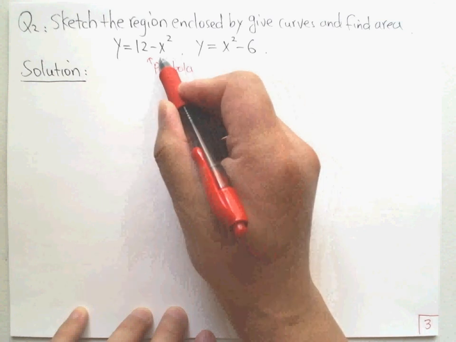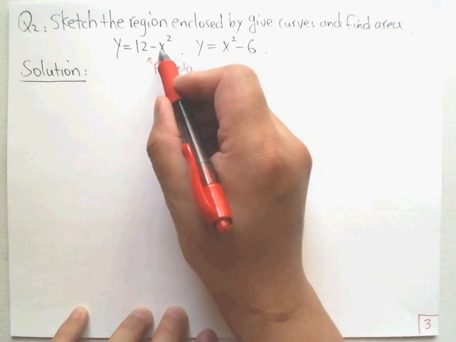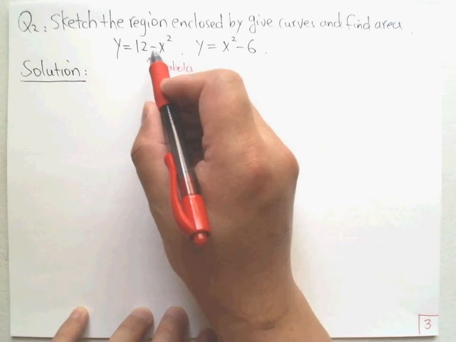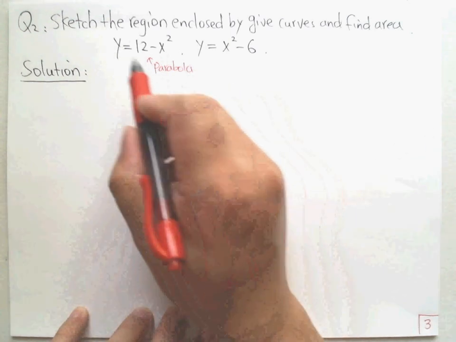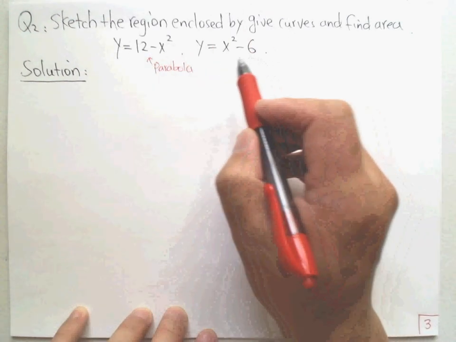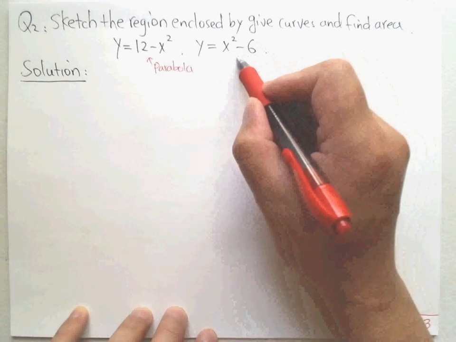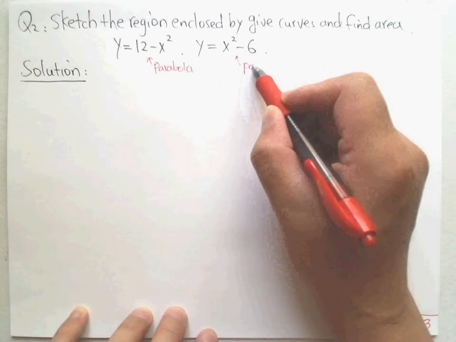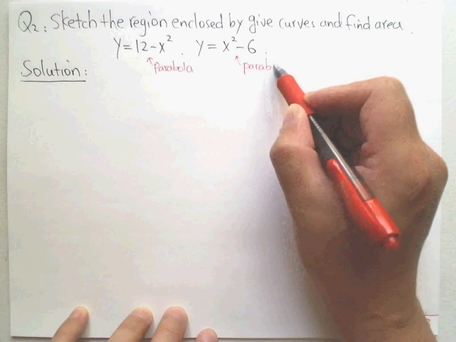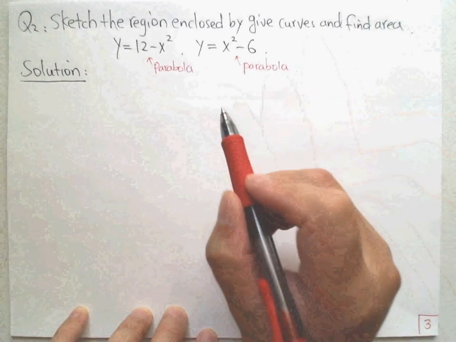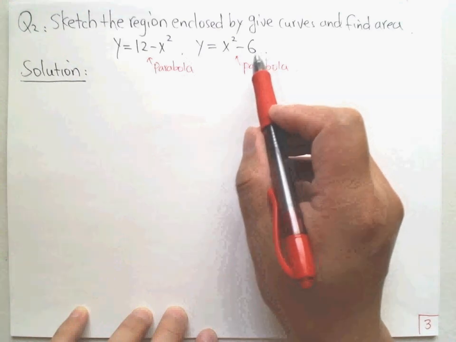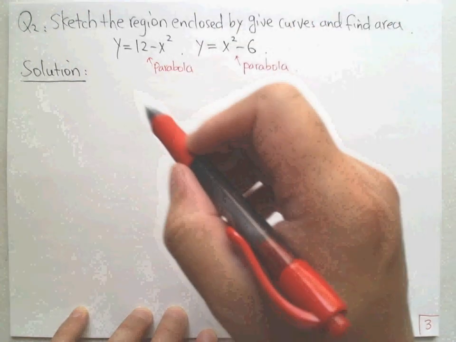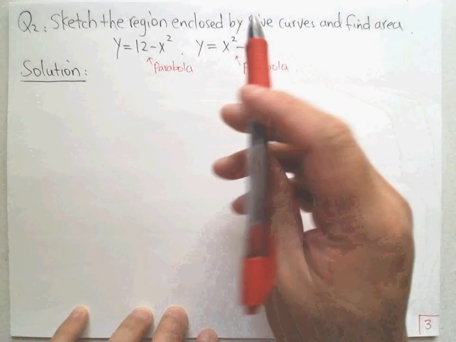We look at x squared equals negative y, so it opens down. This is also a parabola, x squared equals positive y, which opens up. One opens down and one opens up, so we can form a region.